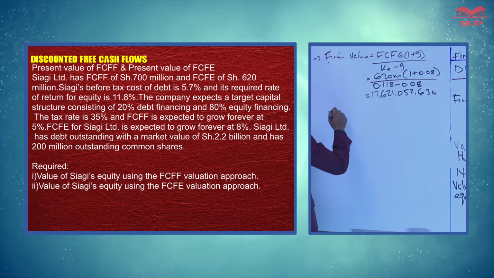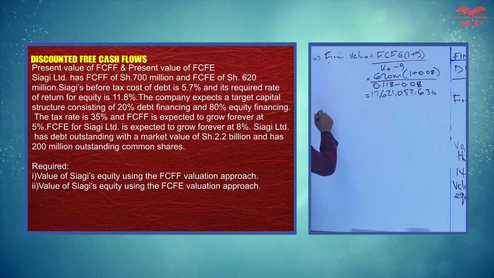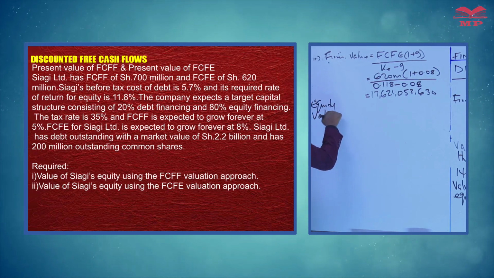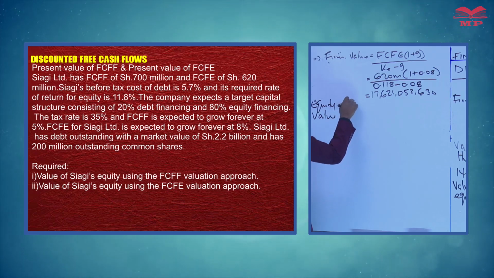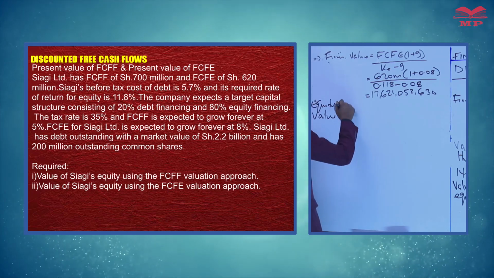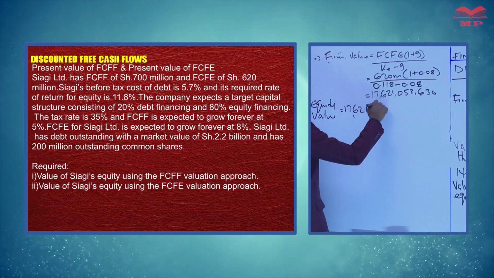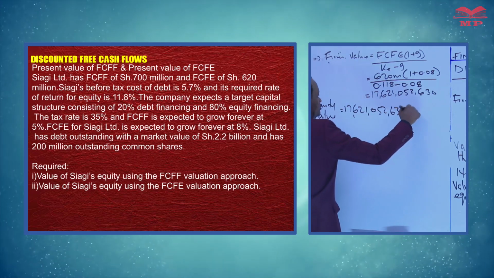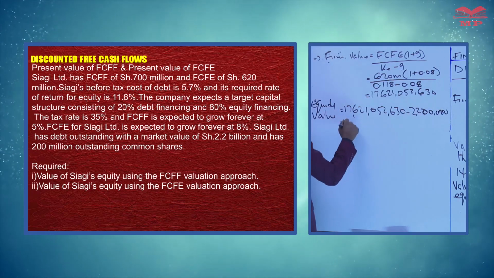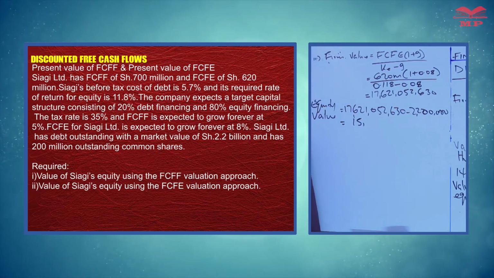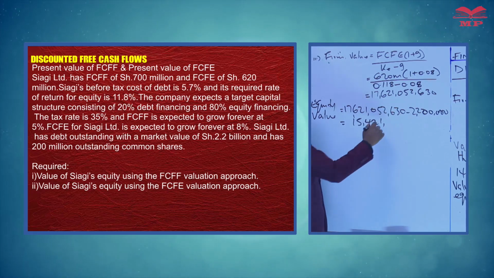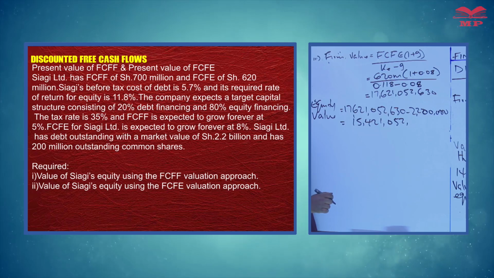Equity value will be equal to the firm's value of 17,621,052,630 minus 2.2 billion, which is equal to 15,421,052,630.